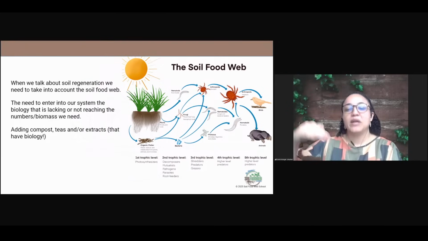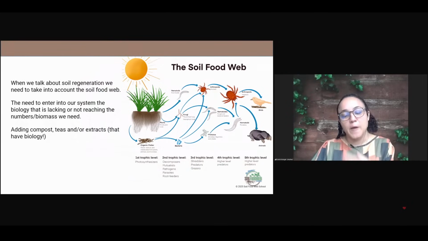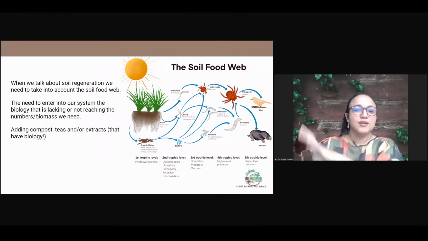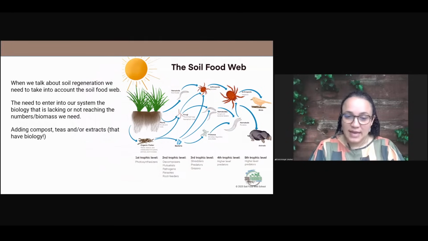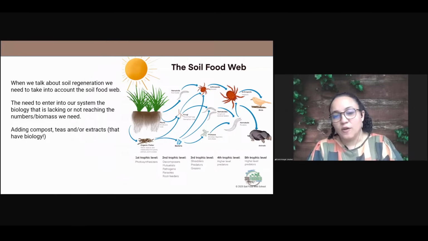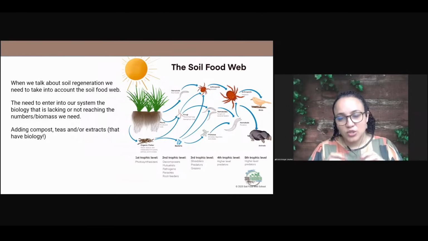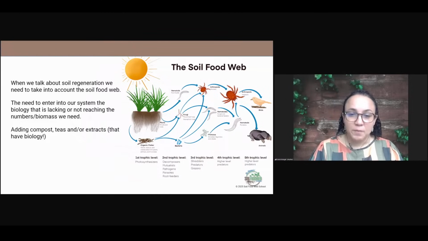And they are working in different layers, in different roles, as they decompose the organic matter and the predators consume the prey, and the whole system grows over the trophic levels until we go up to above the ground, and then we have other areas studying that. Here at the Soil Food Web School, we focus on Dr. Elaine's decades of study, better understanding how a beneficial soil food web can help us implement real soil restoration.